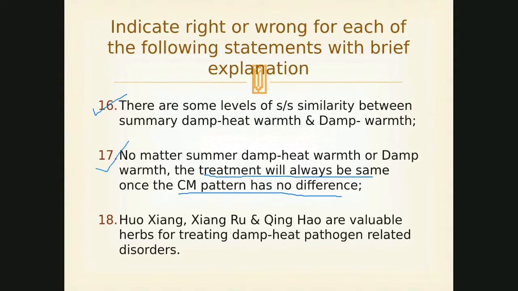Don't worry about the so-called name of Wenbing, the name of damp warmth. Once the pattern is exactly the same, treatment could be the same. So it's not just between biomedical science and TCM, it also happens within TCM regarding the name of the illness. Now, number 18, Huo Xiang, Xiang Ru and Qing Hao are valuable herbs for treating damp heat pathogen-related disorders.